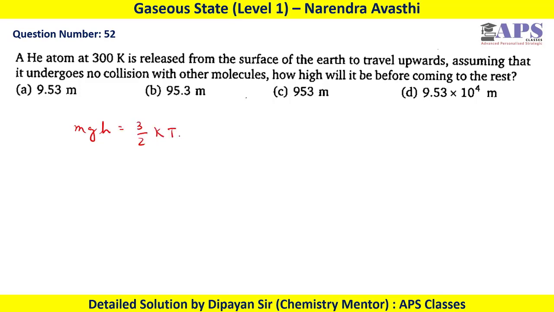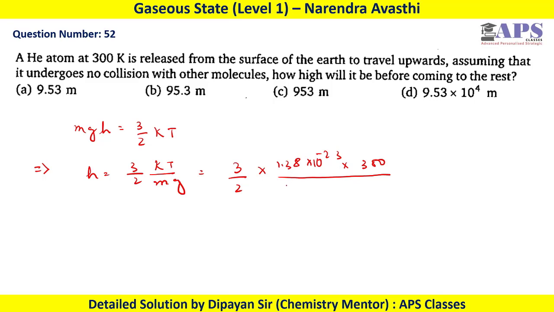K is the Boltzmann constant and T is the temperature of the system. Now the height can be calculated as 3 by 2 kT divided by mg. So 3 by 2, the value of Boltzmann constant is 1.38 into 10 to the power minus 23, multiplied by temperature 300, divided by the mass of a helium atom, 1 helium atom.